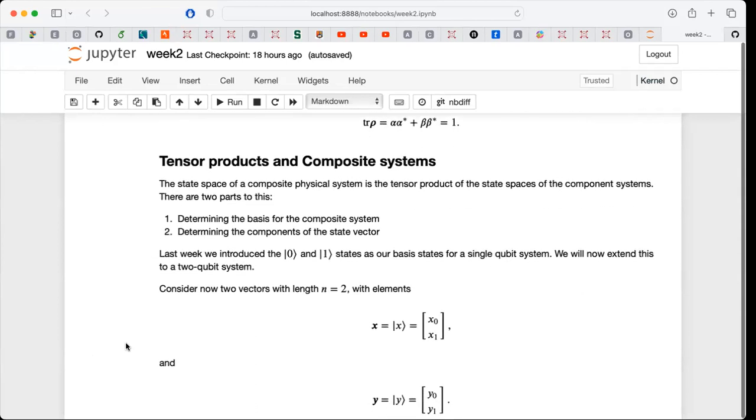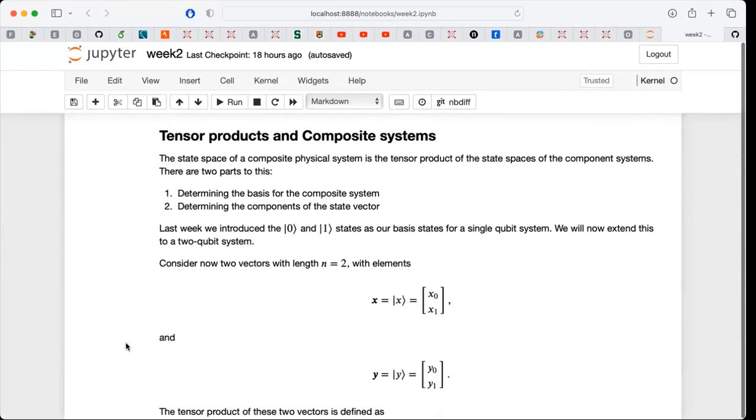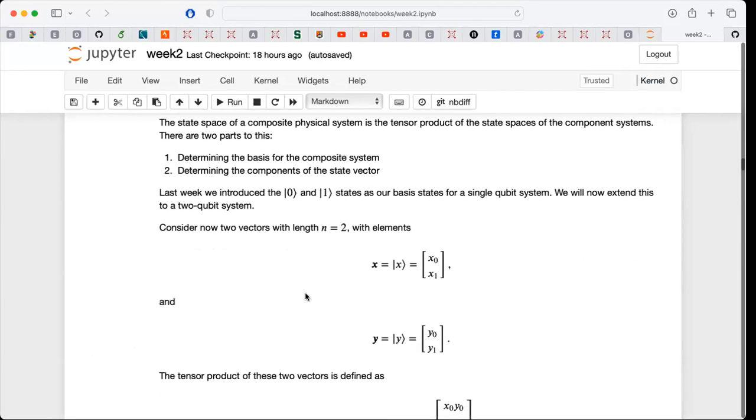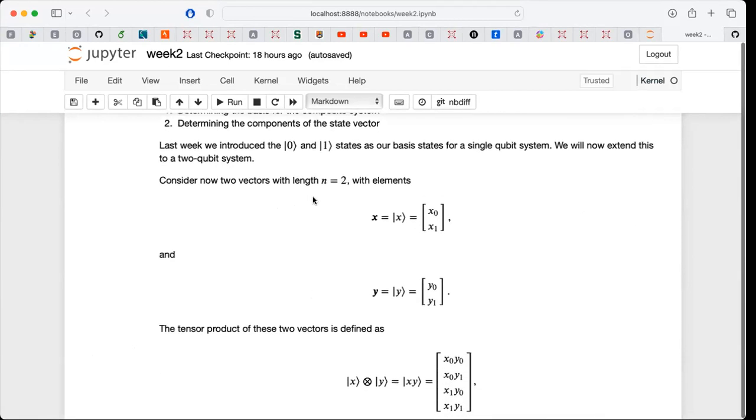So if we now have two general vectors, so we saw the vectors 0 and 1, you could now think of a general vector of length n, a vector x, and when I use this bracket notation, what it means is that this is the same as a general vector.